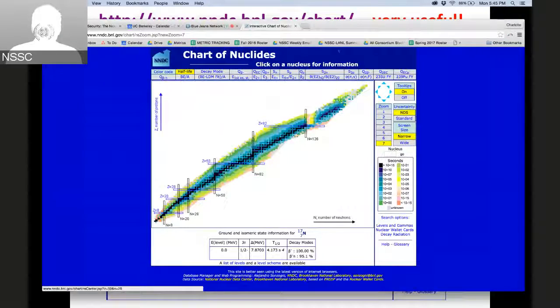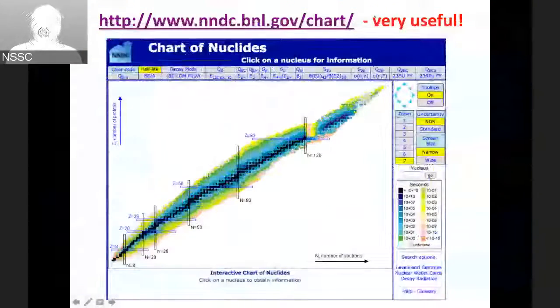If I go to phosphorus 29, it's minus 16. Sulfur 29, it's minus 3. It's getting more and more weakly bound. If I go on this side, magnesium 29, minus 10. Sodium 29, it's 2 MeV plus.